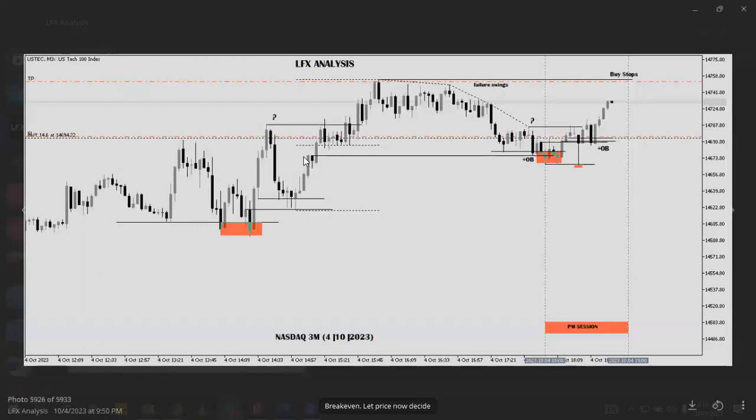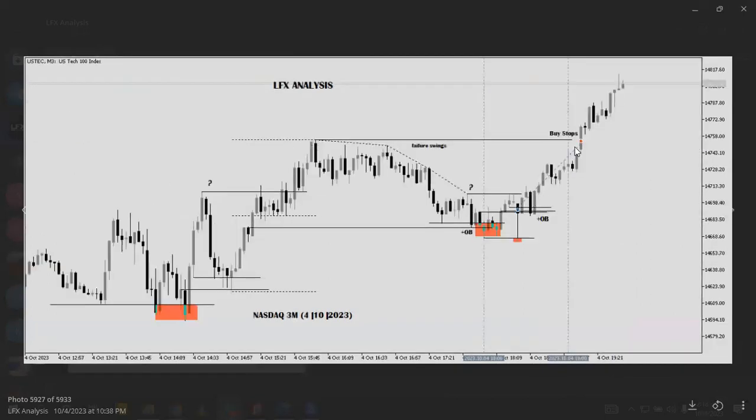At this point, my entry was already at break even. You can see we had that order pairing. Entry was around the order block, and price was pushing towards our buy stop objective. And as we can see, it exited in profit, and that is now the conclusion of my breakdown.